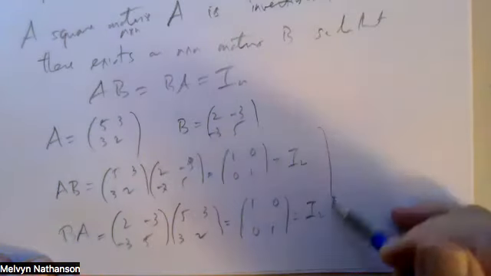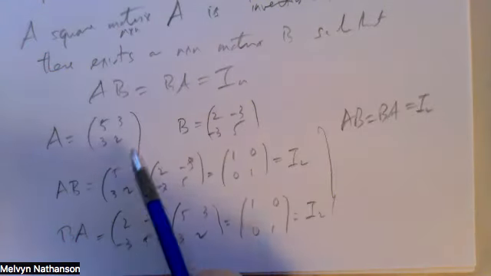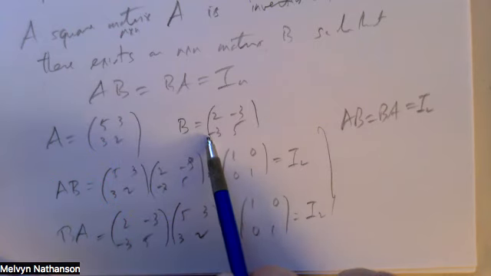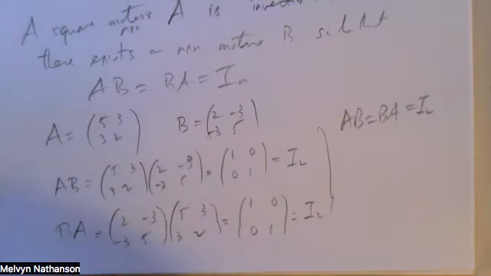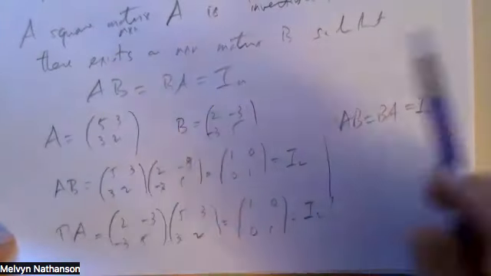So A times B and B times A are both equal to the identity. So the matrix A is invertible, because there exists a B such that AB and BA are the identity. And there's a general problem: given a matrix A, determine if it's invertible, and if it's invertible, find the corresponding matrix B.